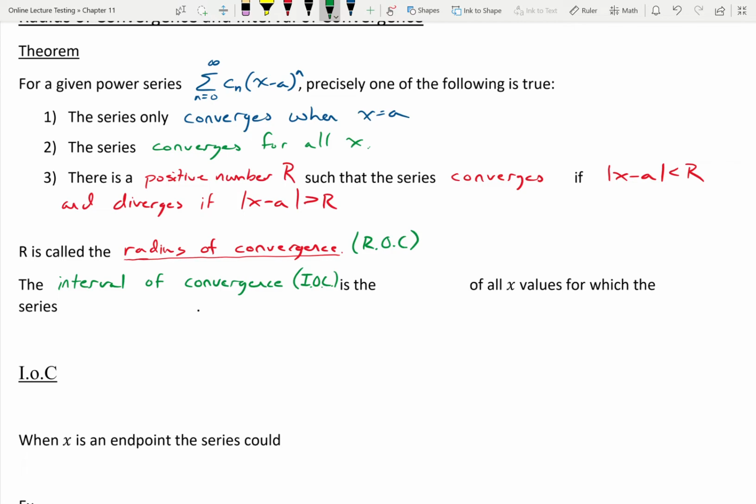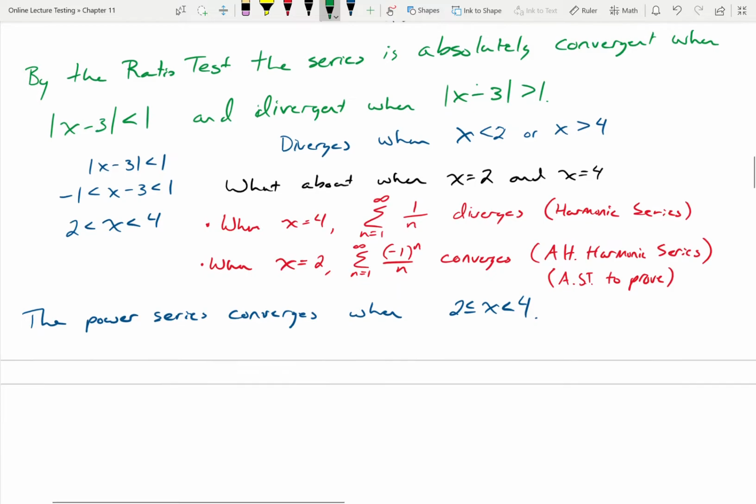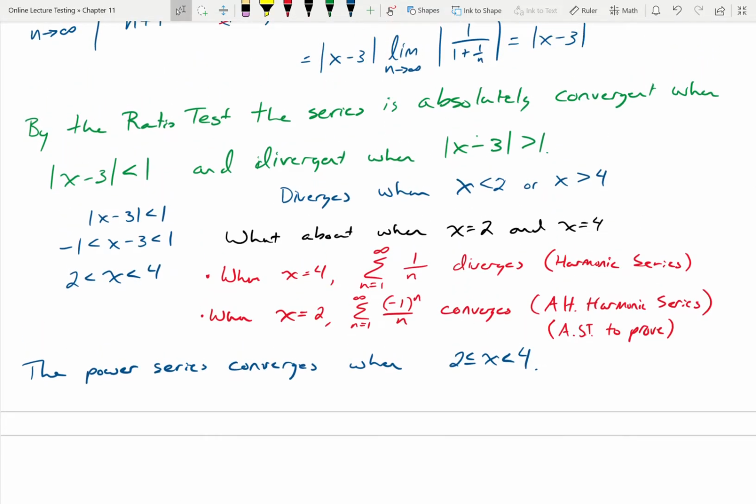The interval of convergence is the interval of all x values for which the series converges. All right. So if we go back real quick and look at what we just did with our work here, the power series converges from 2 to 4. This is our interval of convergence.